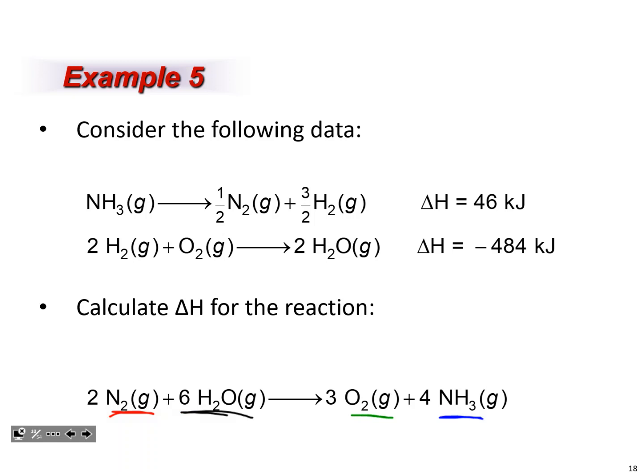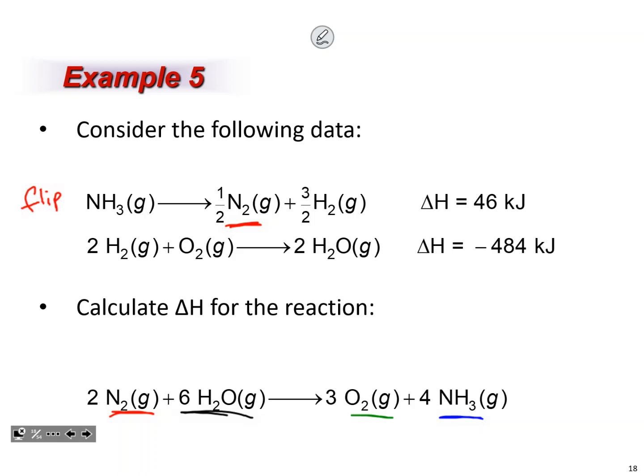So, I just usually start left to right and go, okay, so nitrogen. Here's nitrogen. Look at my two steps here. Nitrogen's right here in the first step. Then I ask myself, is nitrogen on the correct side? Is it a reactant? No, it is not. So I'm going to need to flip it.